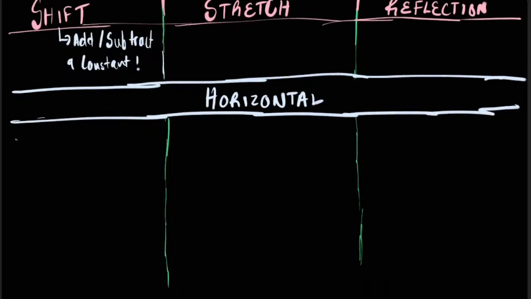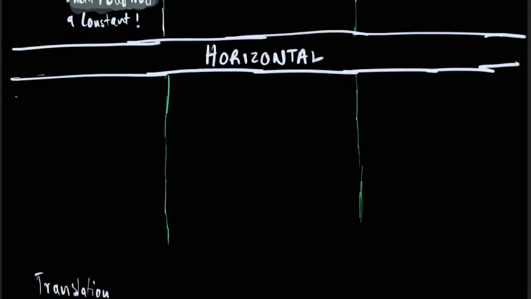So we know that for a shift, where we move points, you just move them. When we are going to shift or move a point, you would have added or subtracted a value. Now, if it's a horizontal shift, I want you to know two things about horizontal.